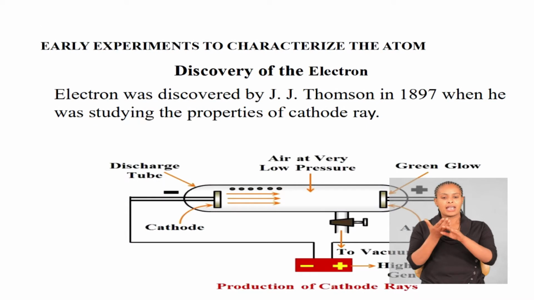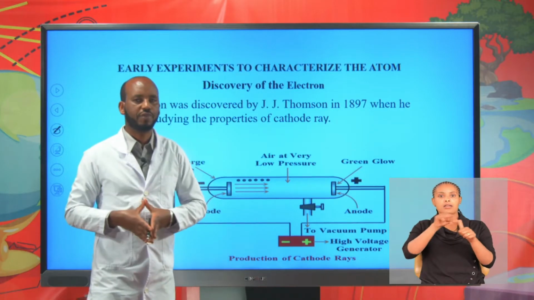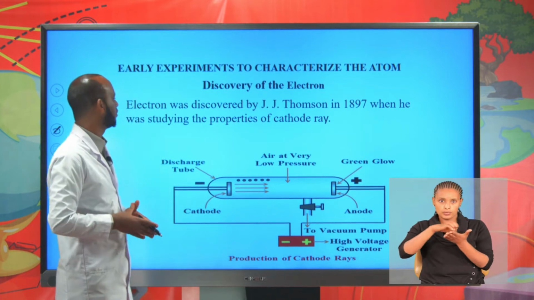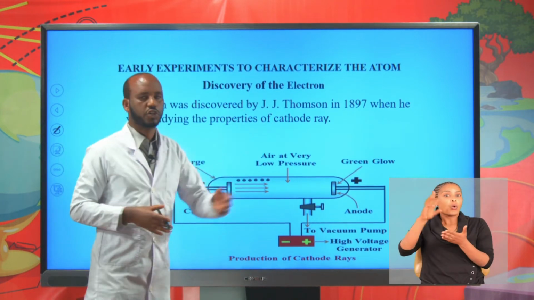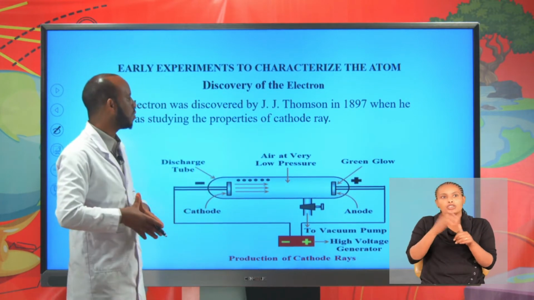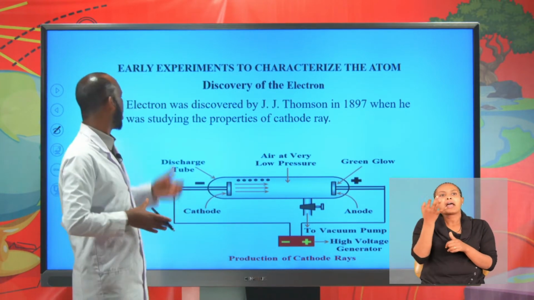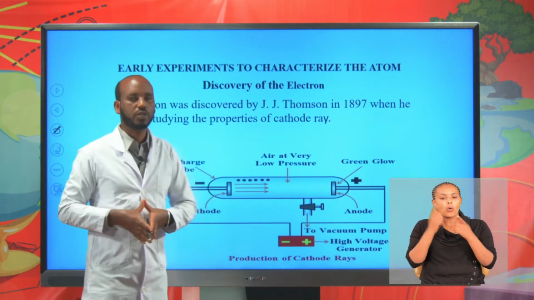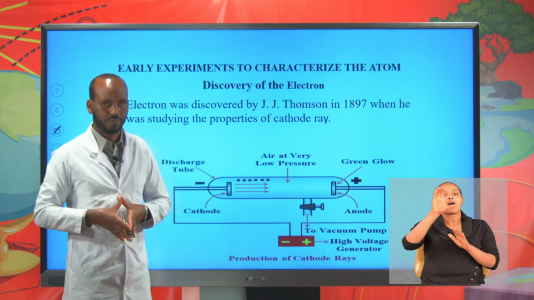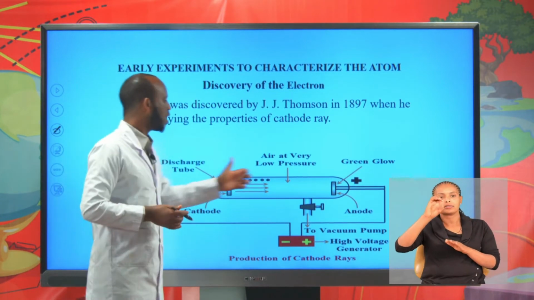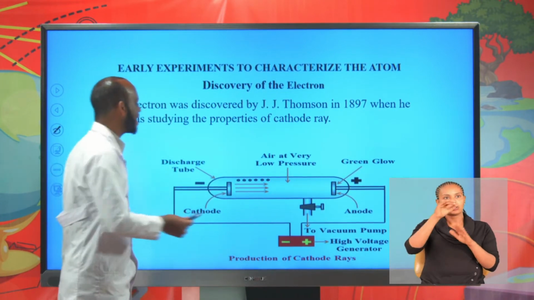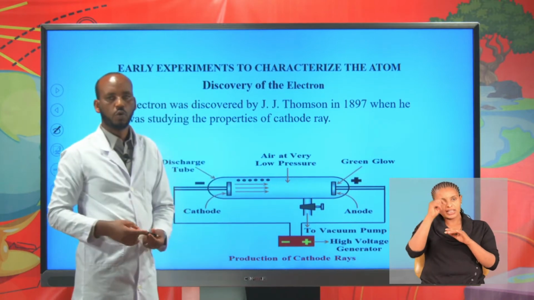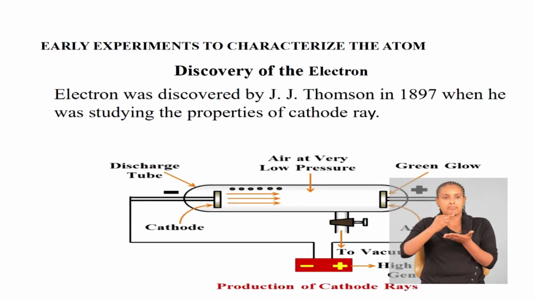Early experiments to characterize the atom. One, discovery of the electron. Electron was discovered by J.J. Thomson in 1897 when he was studying the properties of cathode rays. J.J. Thomson constructed a glass tube which was partially evacuated.